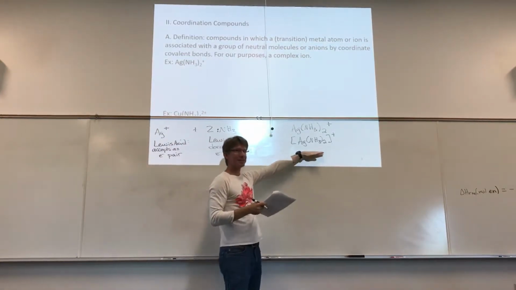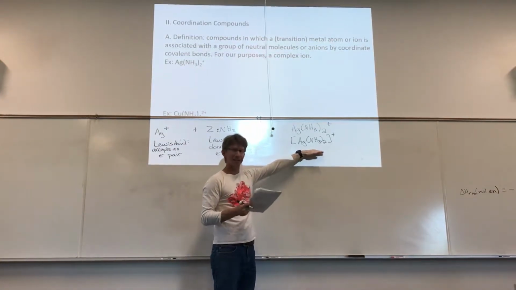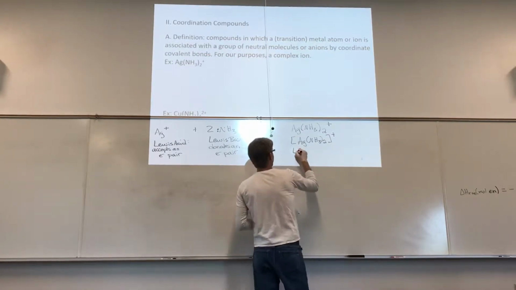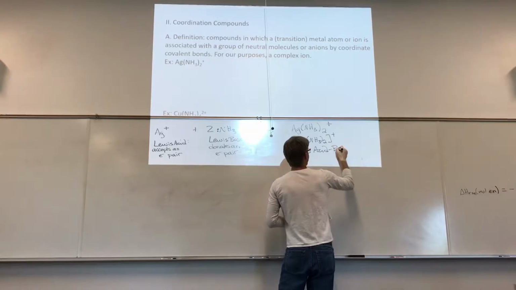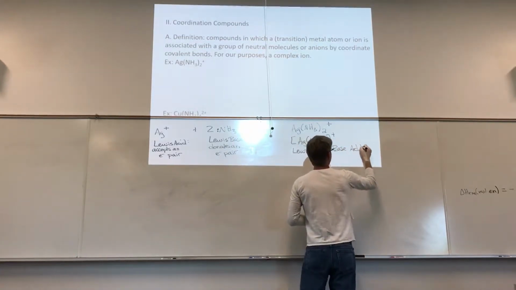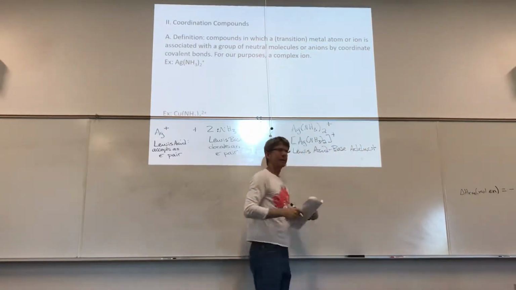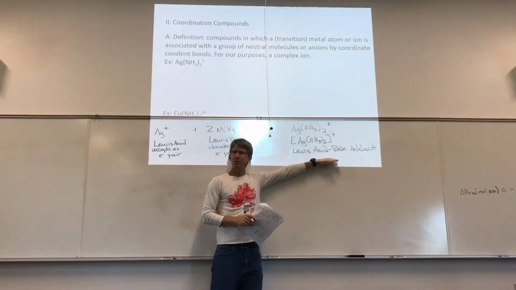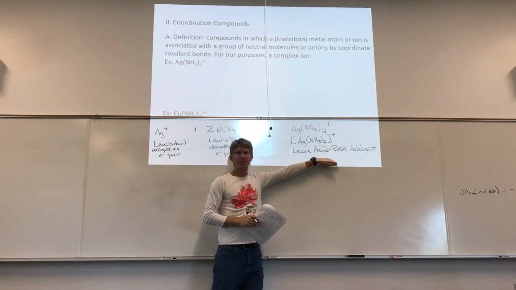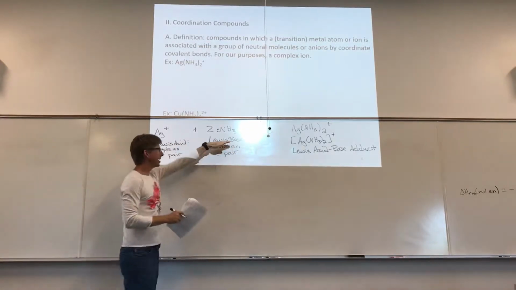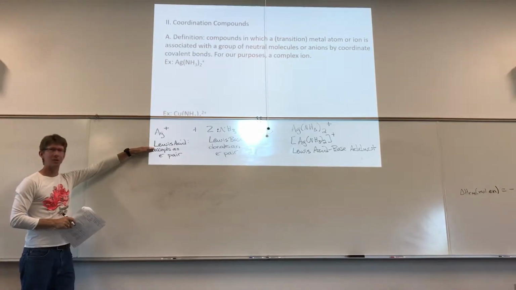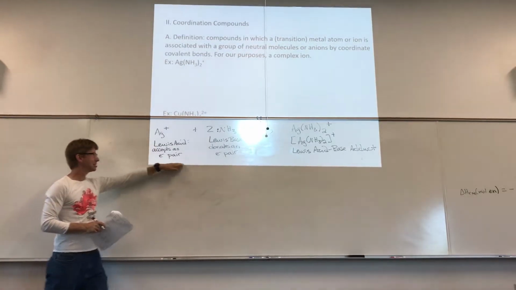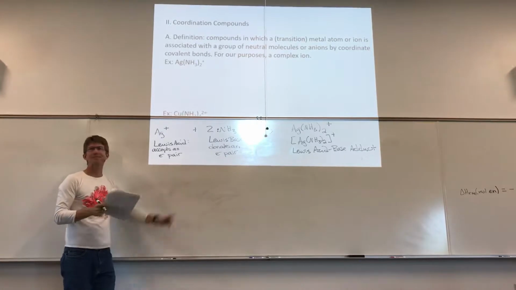And this species is called a Lewis acid-base adduct. This term, Lewis acid-base adduct, is not something you have to remember or that I will ask you about. I can ask you to identify the Lewis base, and I can ask you to identify the Lewis acid.